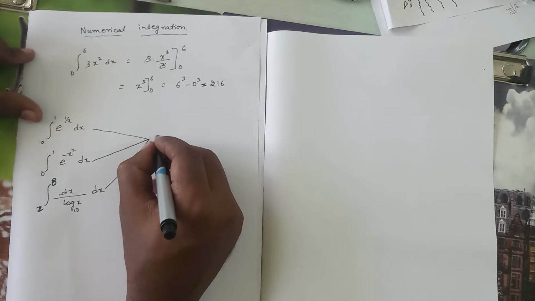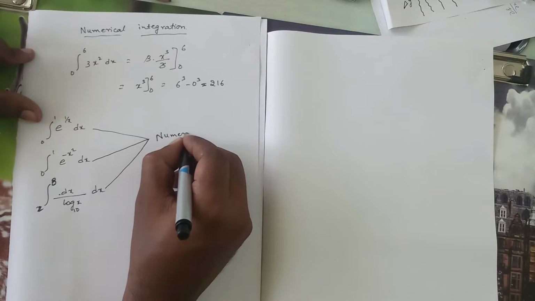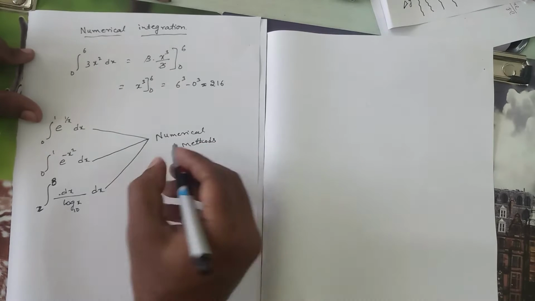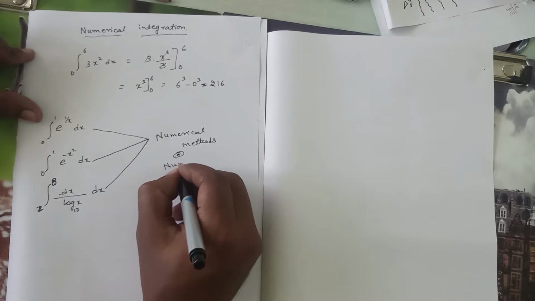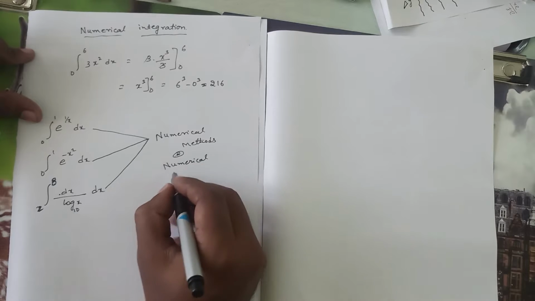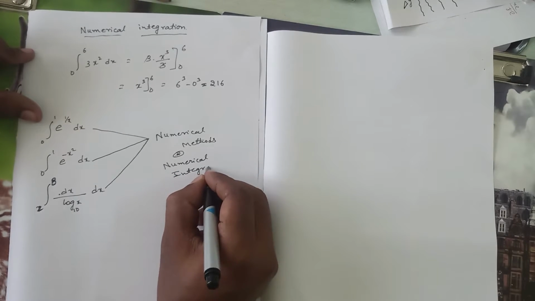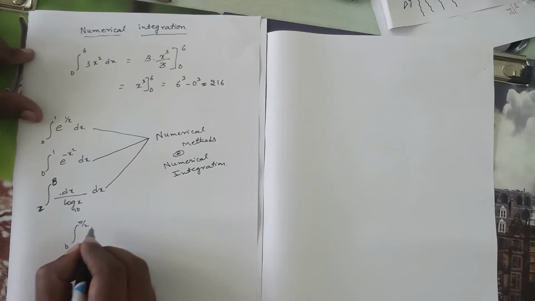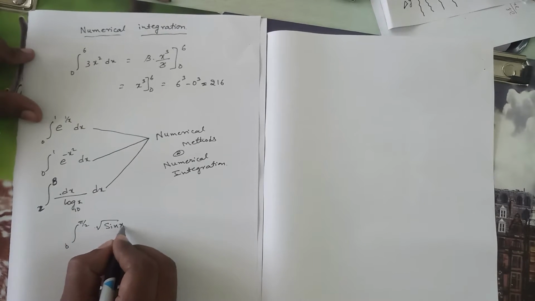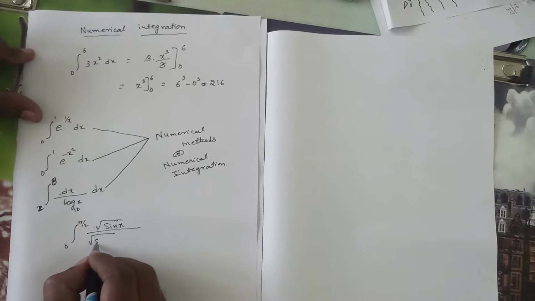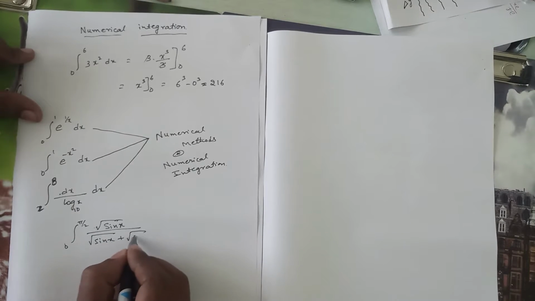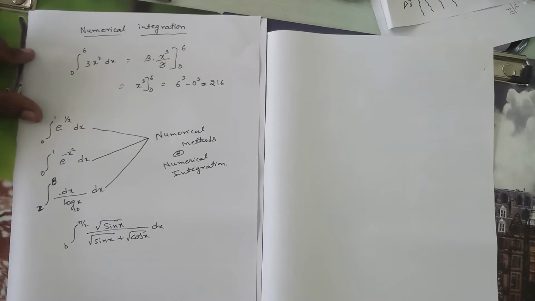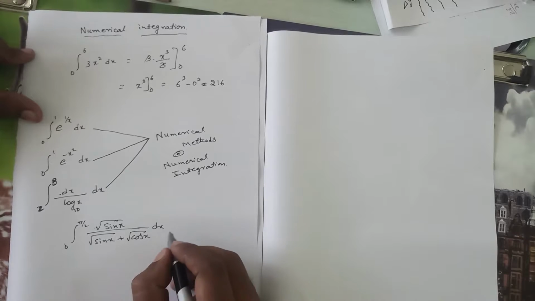For this type of problems you can use numerical methods or numerical integration. Here you can find the answer for integral 0 to pi by 2 of root sin x divided by root sin x plus root cos x, but it is very difficult to find the answer.